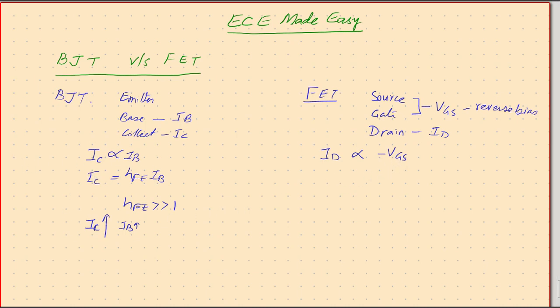What does that mean? It means that IC is the output current in this system, ID is the output current in this system, and this IC is derived out of IB. IB means flow of current, flow of electrons creates current, and flow means kinetic energy.